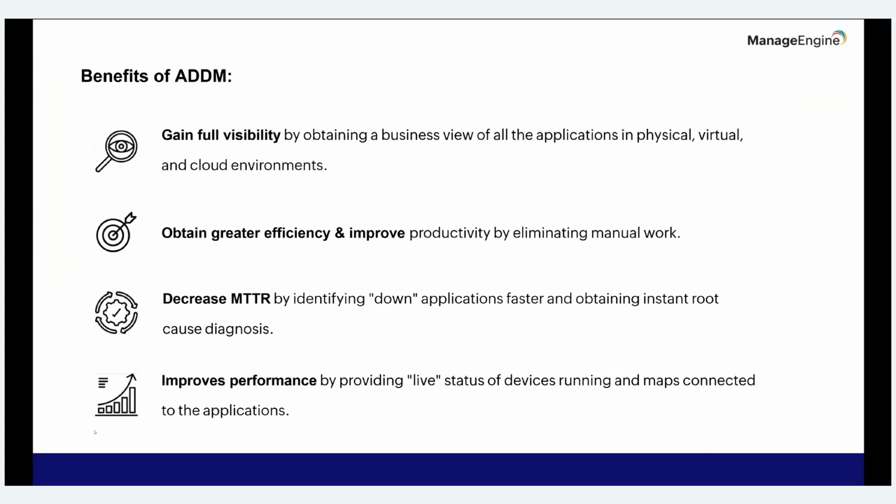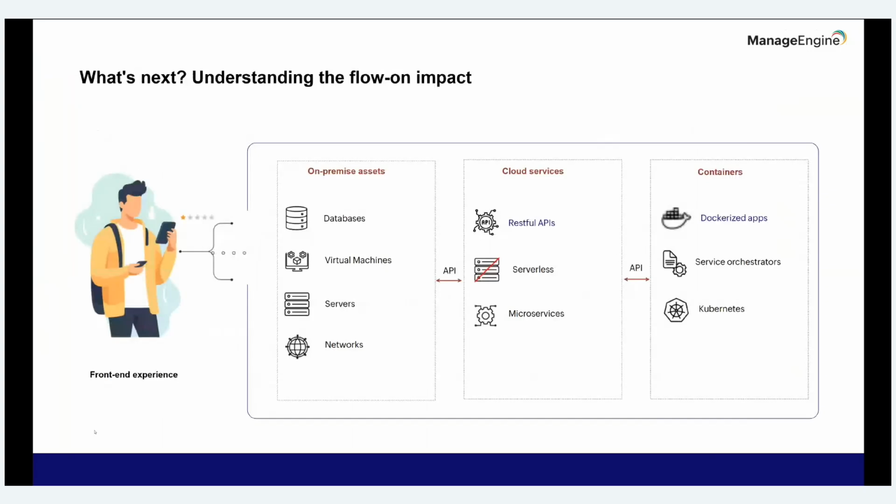What is next? We discover the components. We have everything under the inventory. So what is the next role for the IT operations team to look for? It's going to be understanding the flow. Being a user, I'll have access only to the front end.